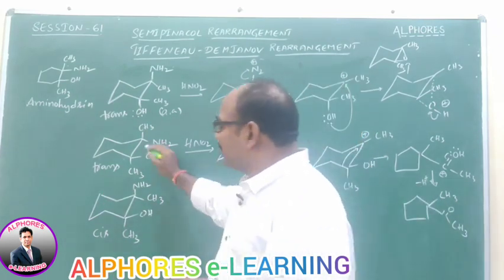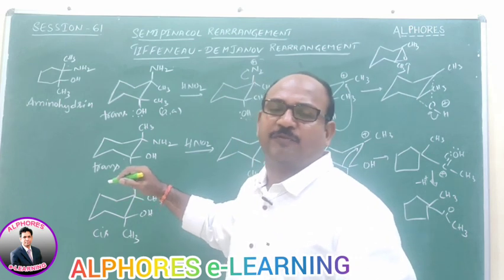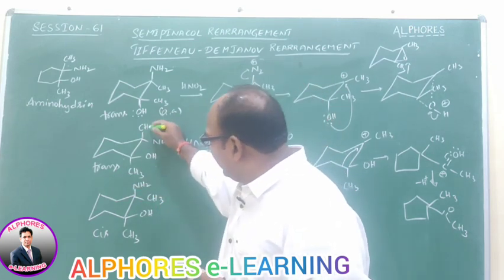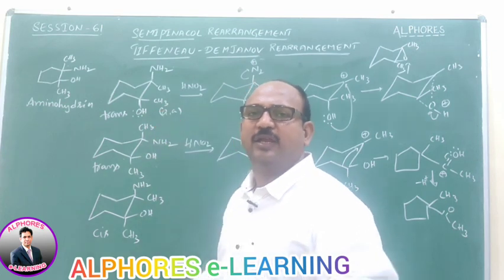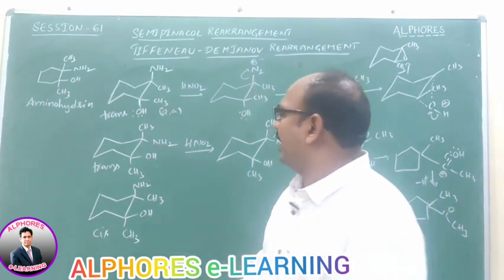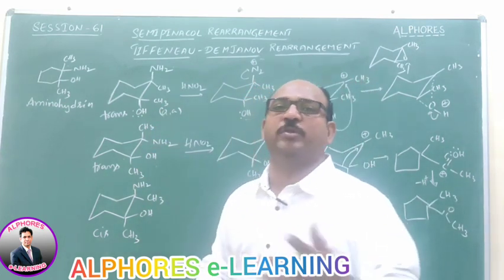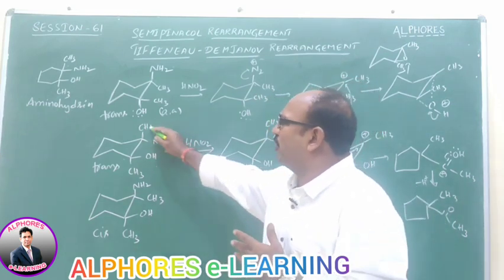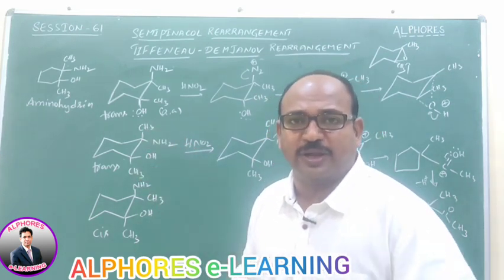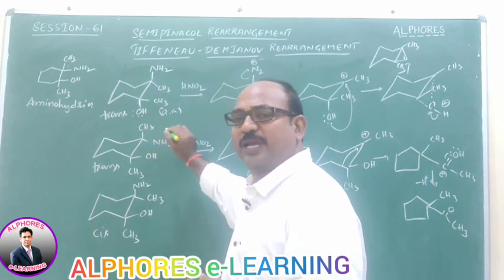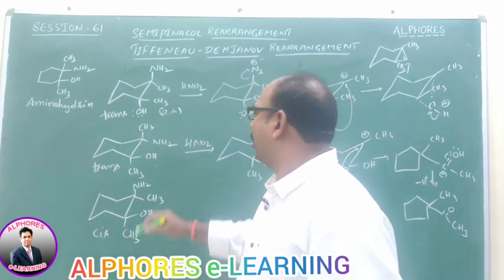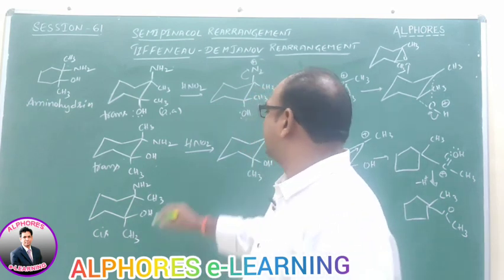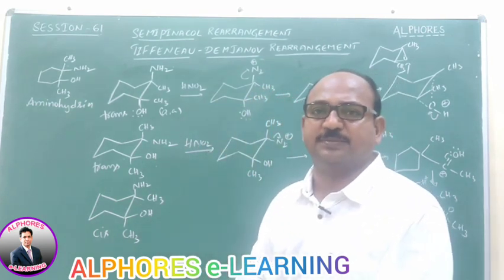Now I consider one more trans conformation, in which both axial positions are occupied by two methyl groups. Because both are methyl groups, the departing NH2 occupies the equatorial position. Now this equatorial NH2 is going to convert into N2 plus.